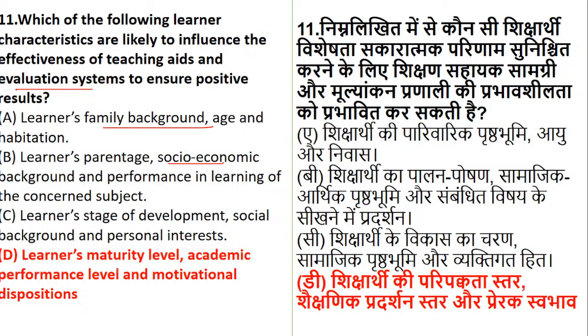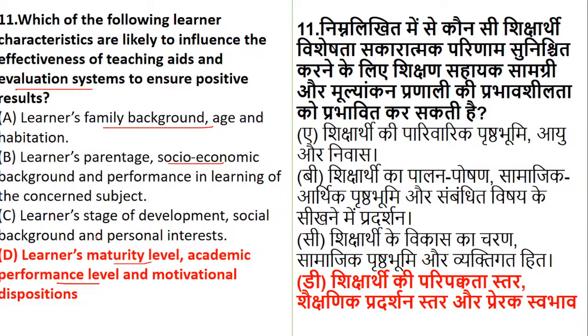It is only the maturity level, the academic performance of a learner, irrespective of whichever social background he is from, and his motivational dispositions, his motivational strategies in order to grow or progress, that will definitely bring a positive result. And so the right option is option number D for question number 11. Jayanta, why did you get confused? See, the statements are confusing, but you have to think very clearly in order to come out with the right answer.